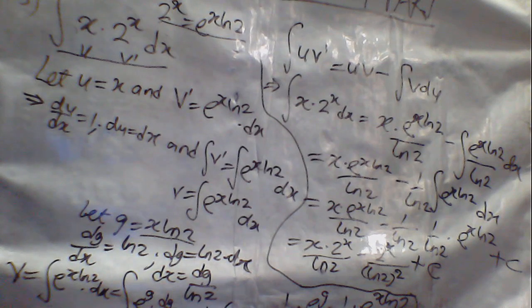If you have any question, you ask. That's why while I'm solving it, I'm also speaking, so either way you can absorb what we are doing. So therefore the integral of s dot 2 raised to the power s ds is equal to s times 2 raised to the power s divided by ln 2 minus 2 raised to the power s over ln 2 squared plus c.